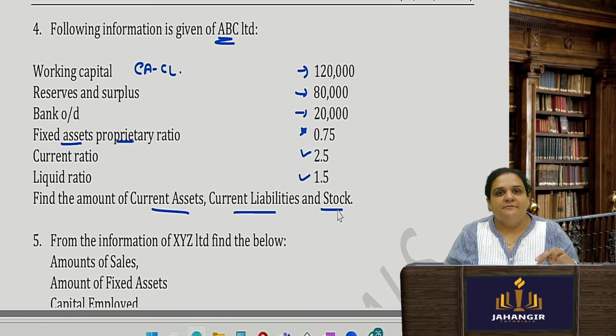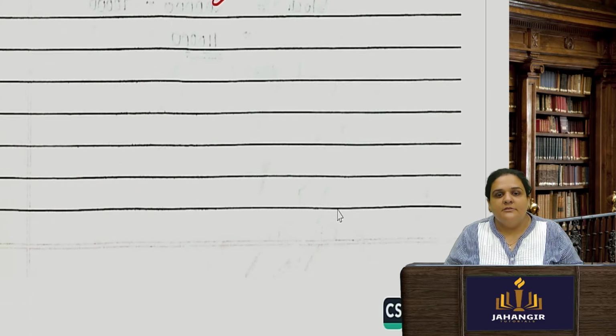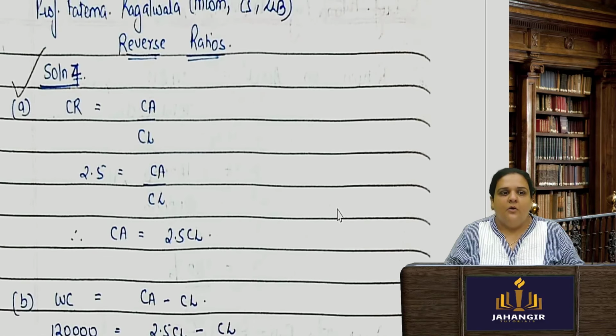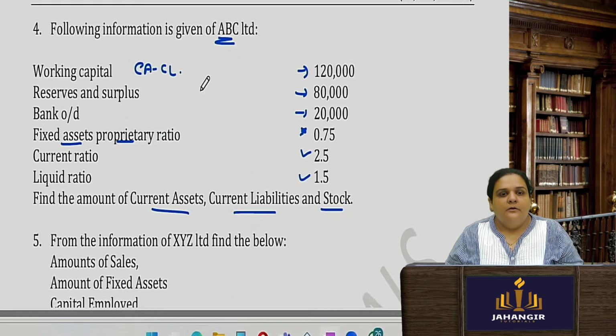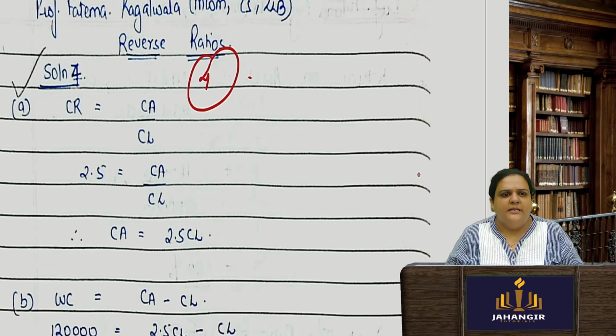Okay, so now these are reverse ratios. Basically they have given me the ratios. They are telling me to find the amounts. Until now we had the amounts and we were finding the ratios. Okay, question number 4. I need to find assets, liabilities and stock. For assets, I can take the current ratio, current assets upon current liabilities. Let's start with something.